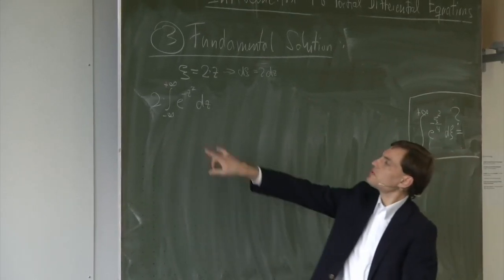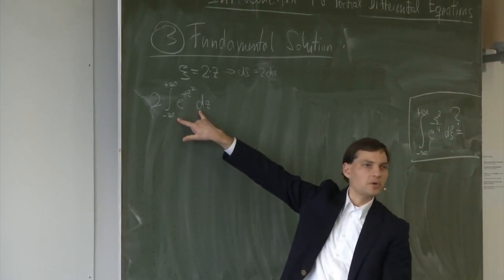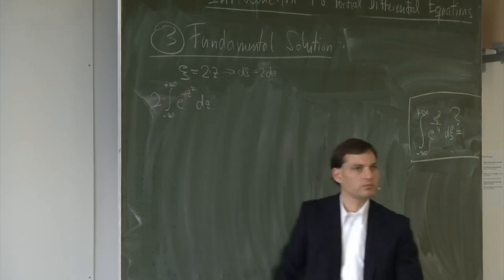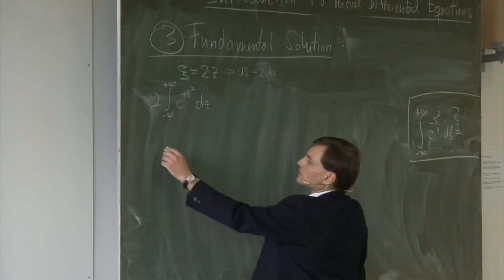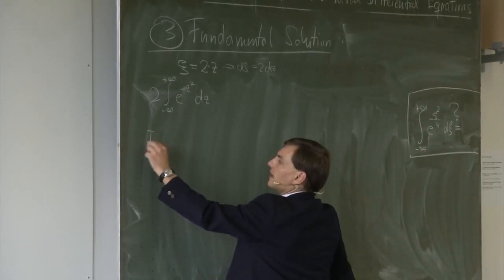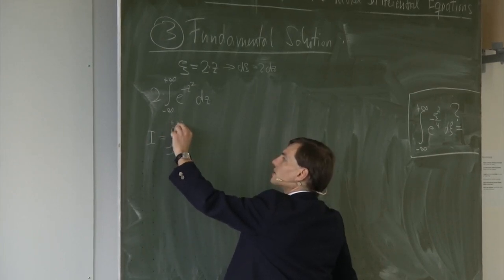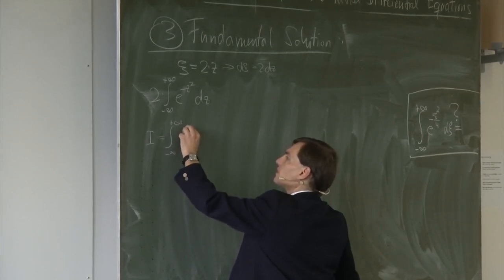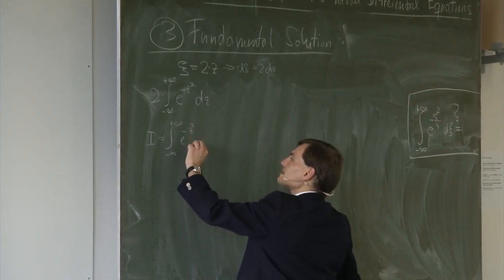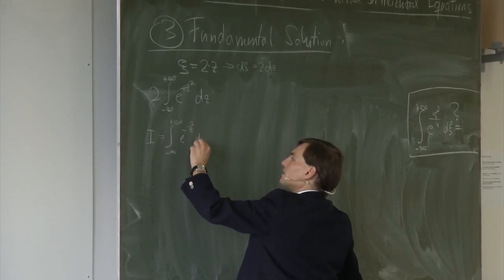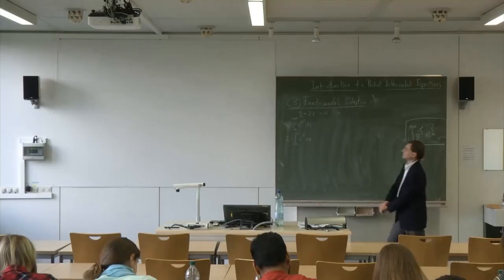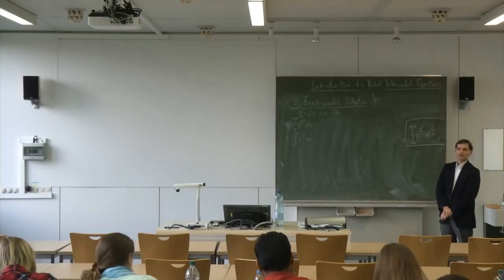So what I'm asking you now is to calculate the integral of this, right? The 2 we don't care about for a second. So let's define that this integral we have to care about is called I, and it's the integral from minus infinity to plus infinity of e to the minus zeta squared d zeta. That is what we have to do at the end.